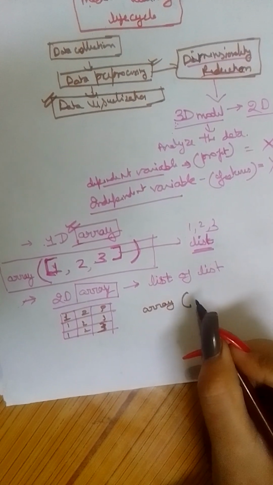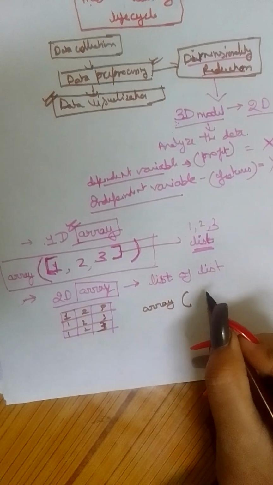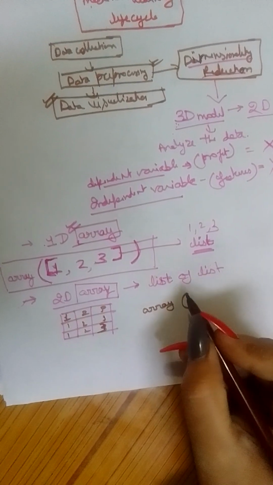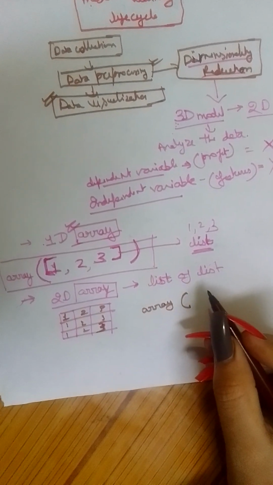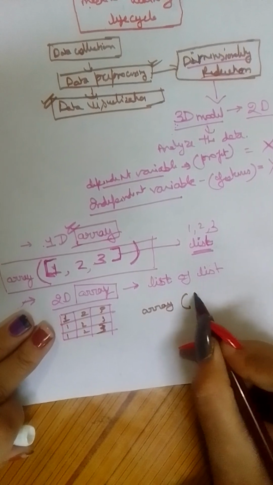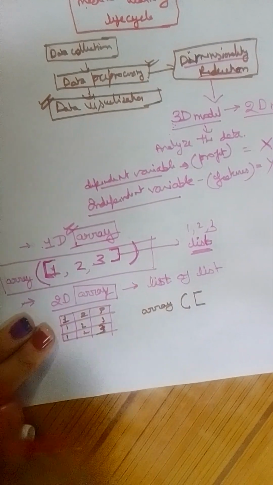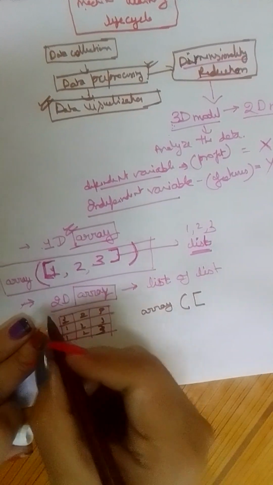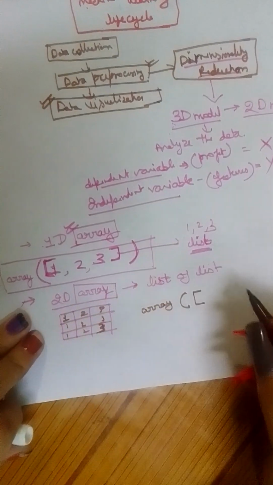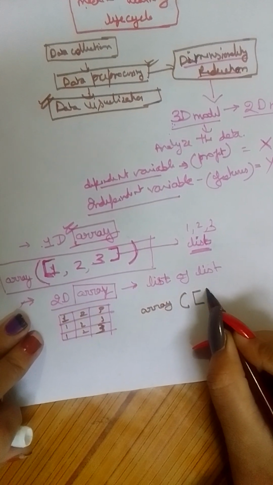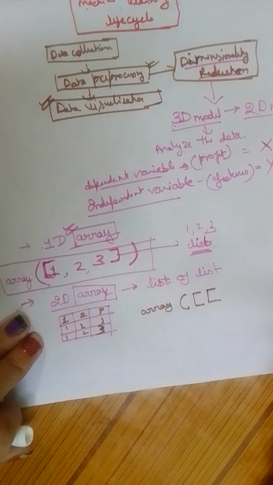How will you write this data in Python language? First of all, you will make one list here for 1D, and you already know this is 2D data, so you will add one more list here.